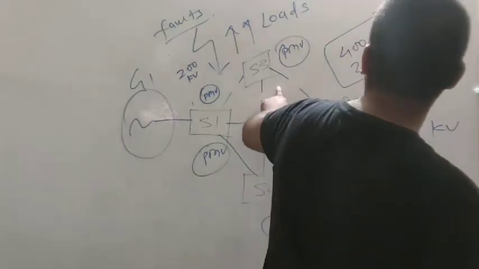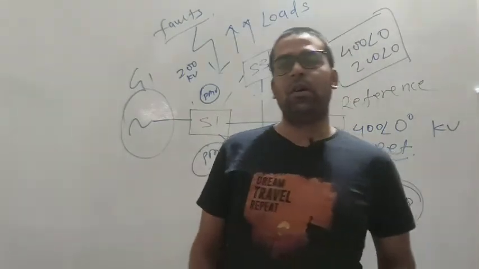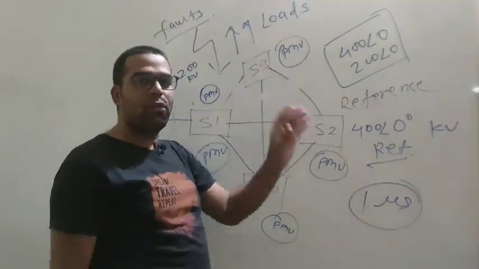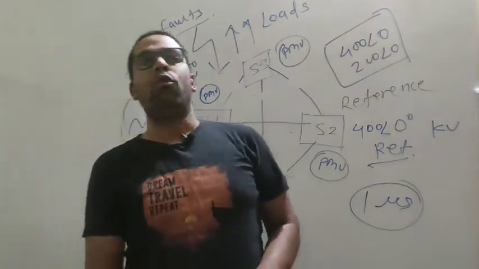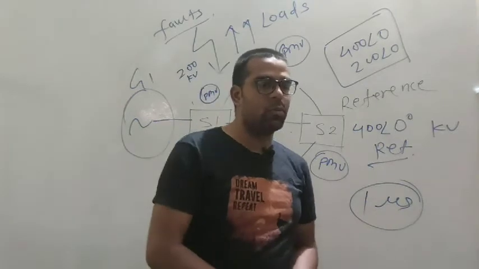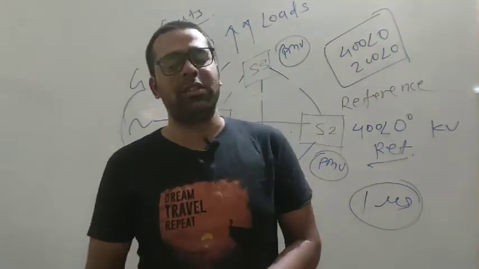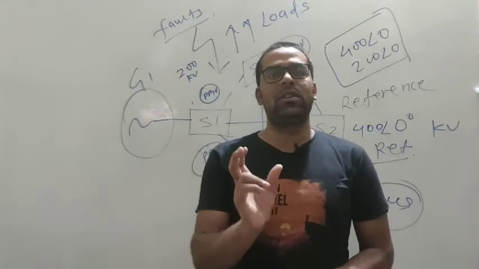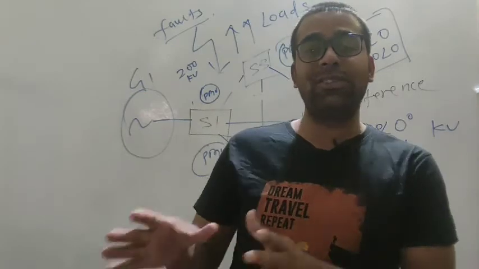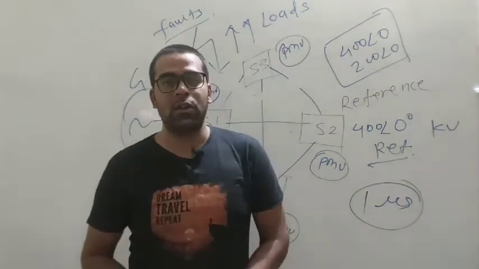Assume that the voltage was fixed, but assume in this load we have a motor load. Because of some load changes, oscillation will arise in that motor, and because of this oscillation, your rotor angle will change.